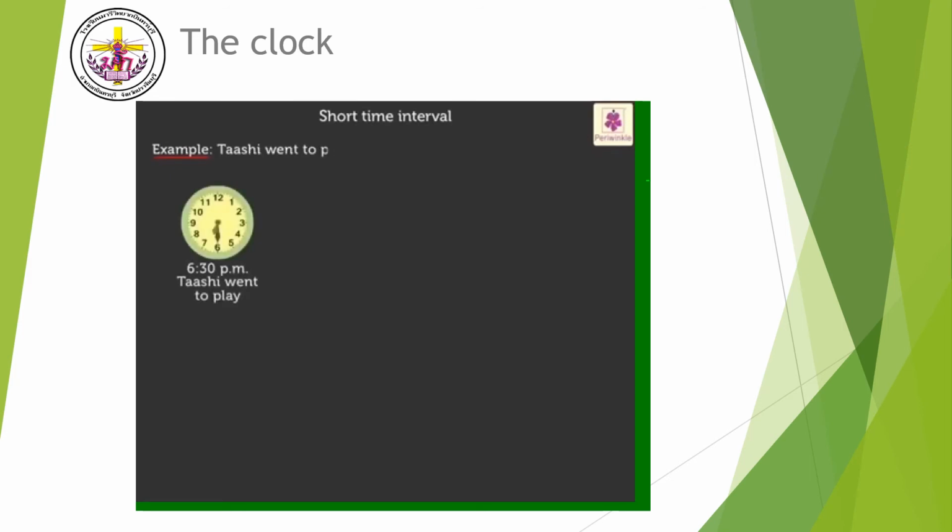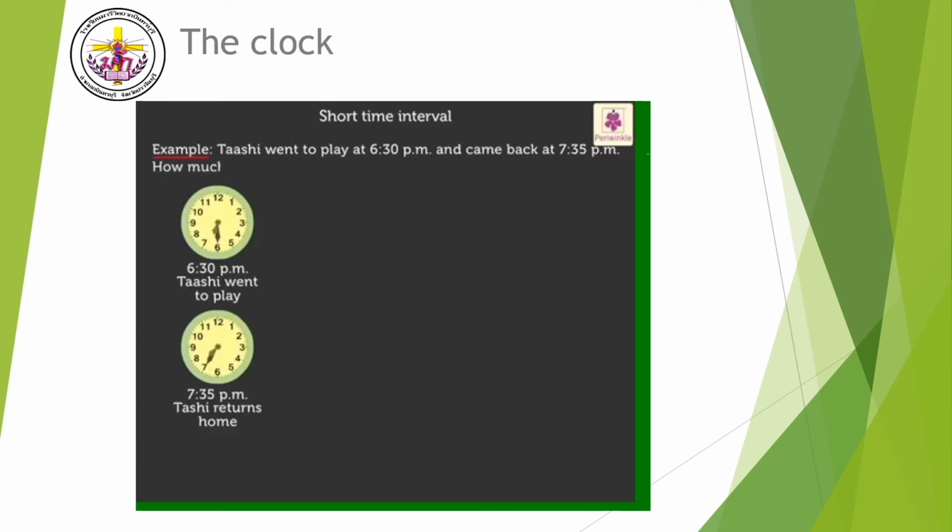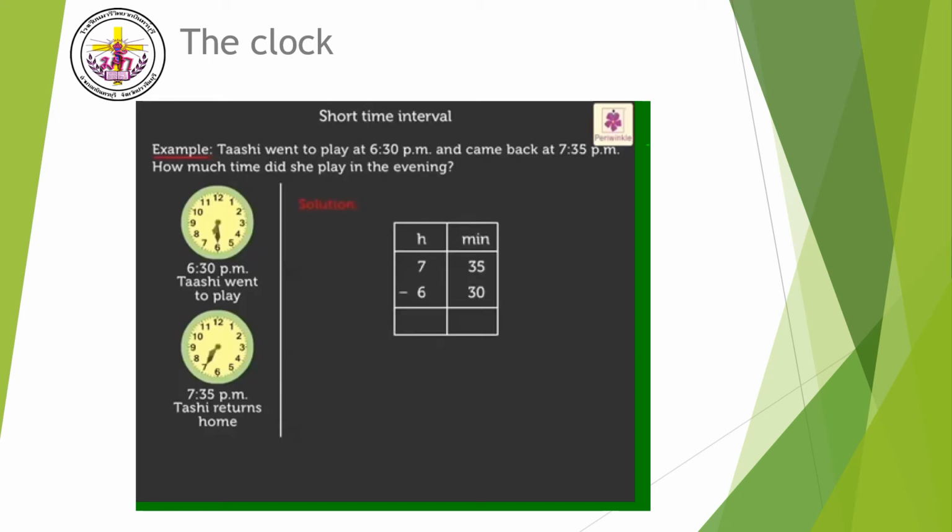Tashi went to play at 6:30 p.m. and came back at 7:35 p.m. How much time did she play in the evening? Here, to find the time interval of the activity, we subtract the starting time, that is 6 hours 30 minutes, from the ending time, that is 7 hours 35 minutes, to get the answer.